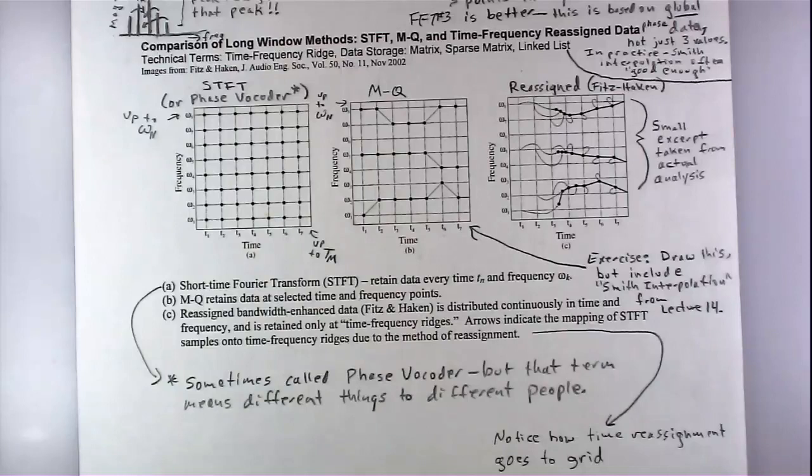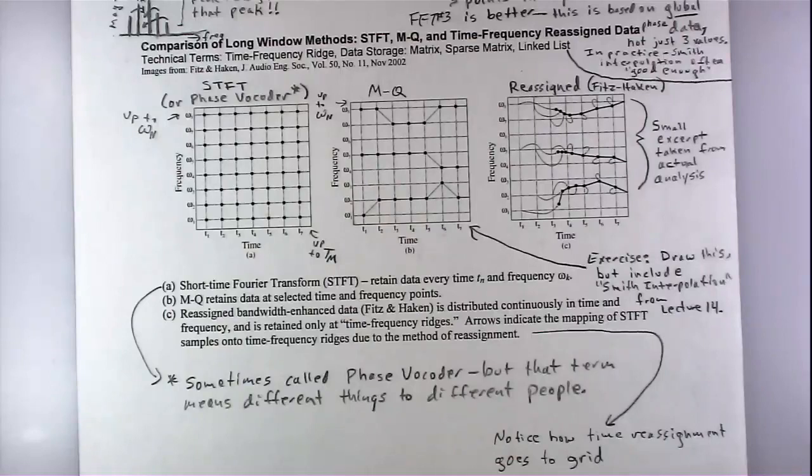So what is this? This one here is representing the short-time Fourier transform, just keeping all your data, which some people call phase vocoder. Phase vocoder is an unfortunate word because it's used for lots of different things. But sometimes you'll see phase vocoder synthesis, and this is what they're talking about. So this is the window that you had at T1.